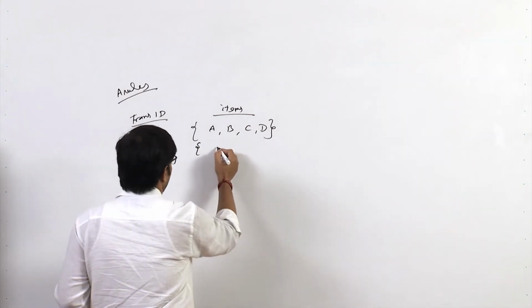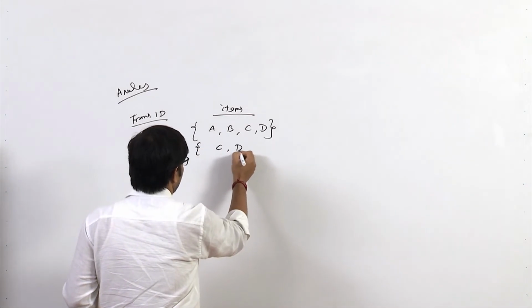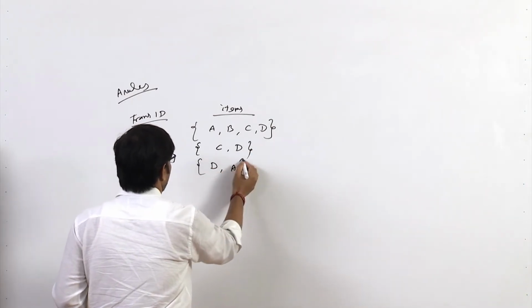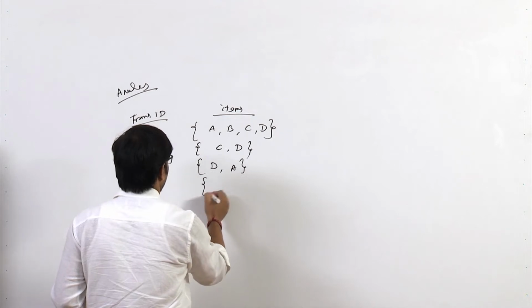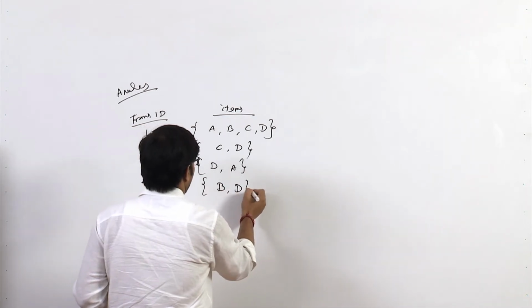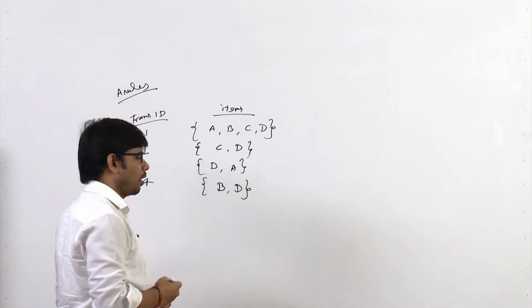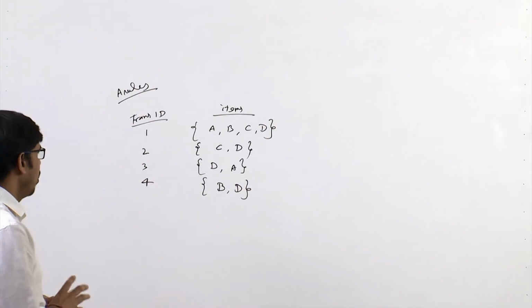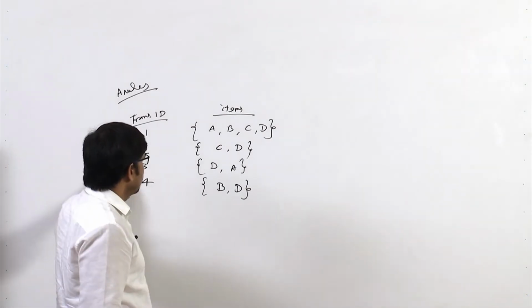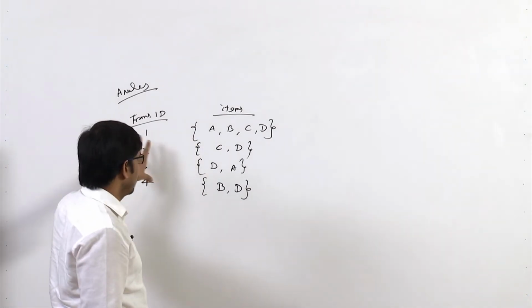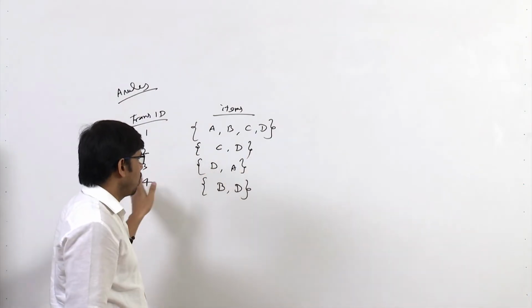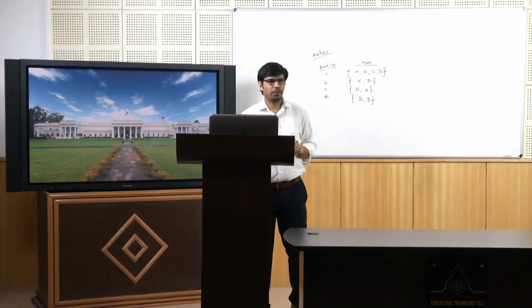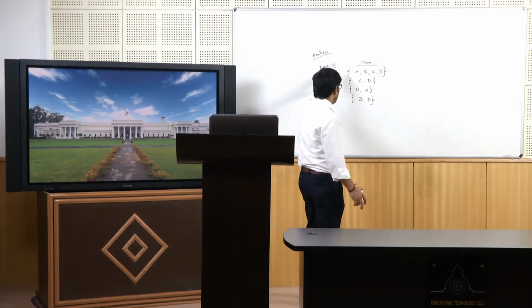Another customer might purchase C, D, another customer might purchase D and A, another might purchase B and D. So there are 4 items under discussion for these 4 transactions, purchased by different customers, and the transactions are being recorded. In each transaction, you can see which items have been purchased.